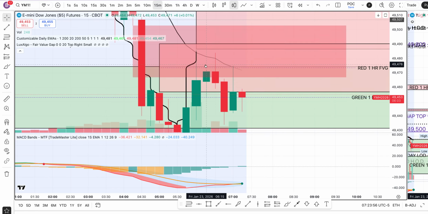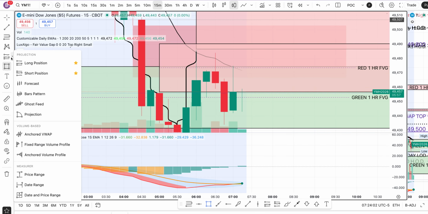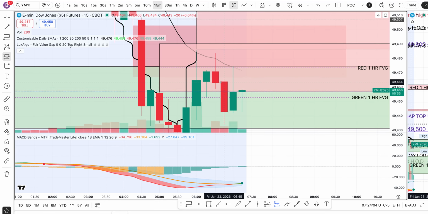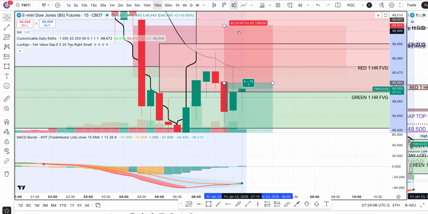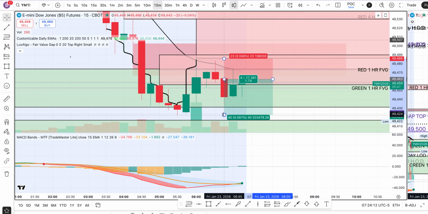So you come up to the 200, you change color, and your entry is right there. Your short entry would be right here at the completion of this. Your stop's up here, and you're going for a 1-to-1 or 1 to 1.5.